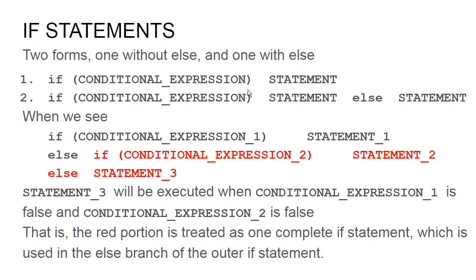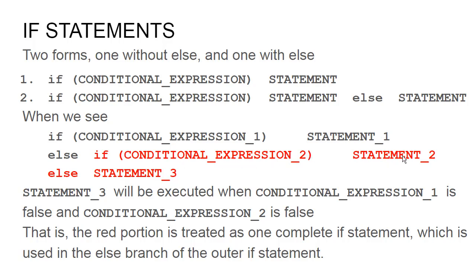One way you may see if statements used is that you chain them together, like this. If conditional expression 1, you execute statement 1, else if conditional expression 2, statement 2, and then else statement 3. In fact, this can be another else if and so on. What this means is that if conditional expression 1 is true, we execute statement 1. If conditional expression 1 is false, then we look at conditional expression 2.